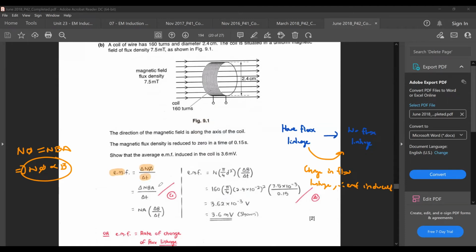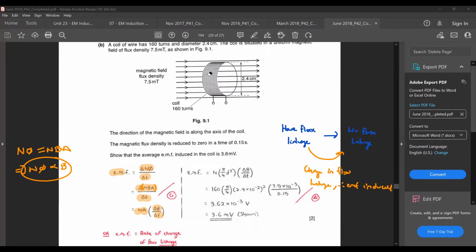We expand it out: change of flux linkage is change in NBA over delta t. Now, what is constant here? The constant here is your N. It never changed. The cross-sectional area A also never changed, so I can take that out. So my expression becomes NA delta B over delta t.